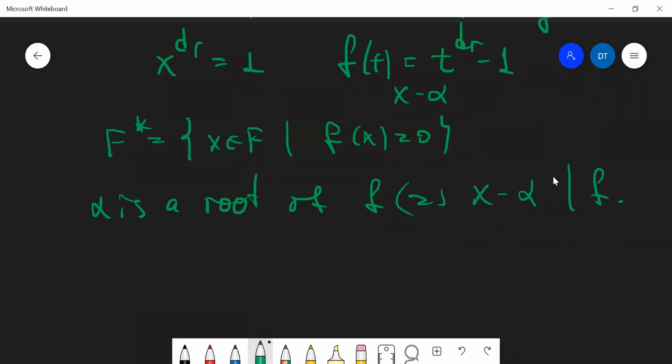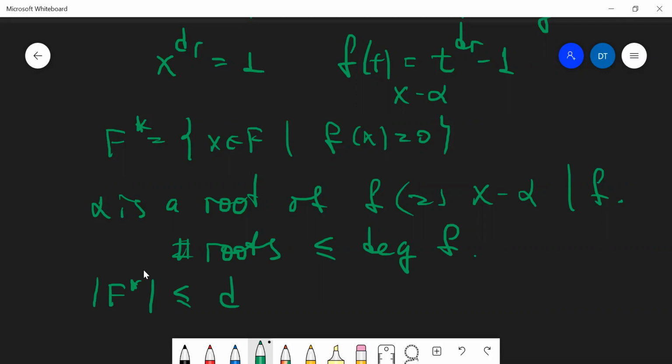But there are at most degree f linear factors of a polynomial, so the amount of roots is not greater than the degree of f. And here the degree is dr. So because of this remark, the amount of elements of F star is not greater than dr.